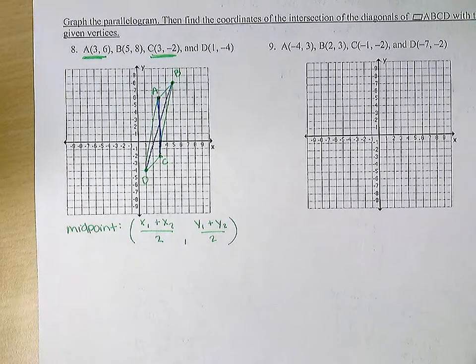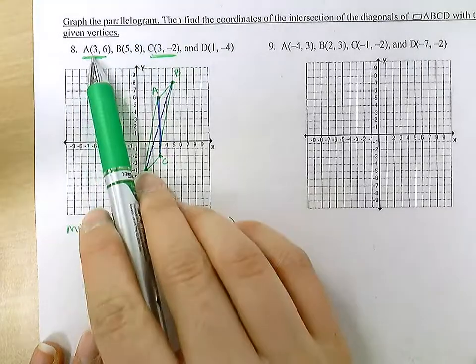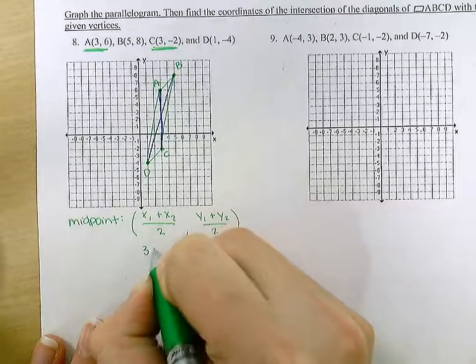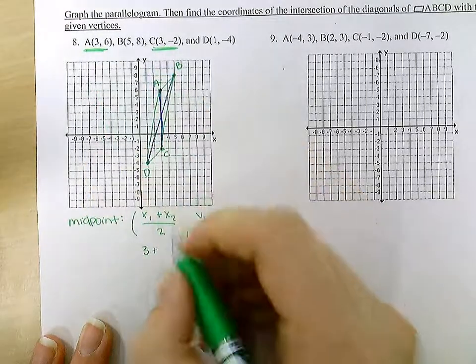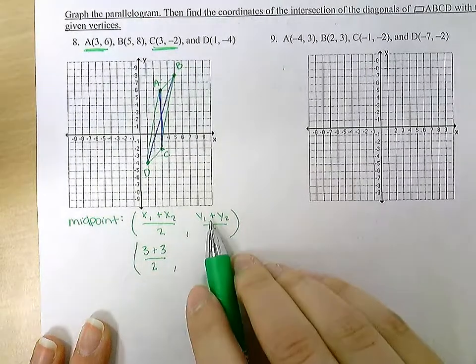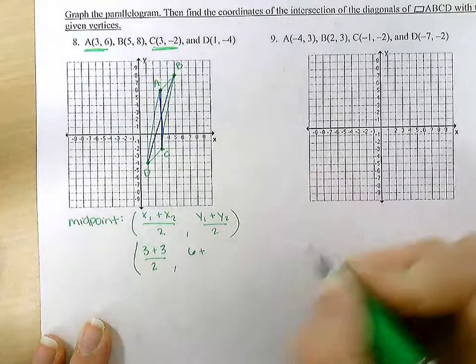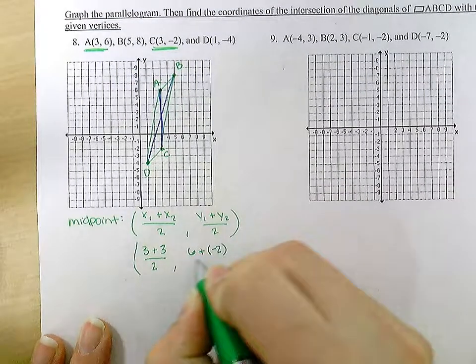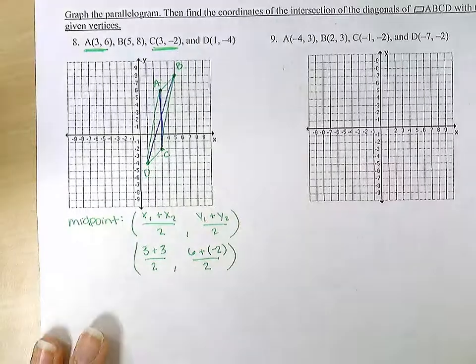We're going to use those opposite vertices in that formula. So x sub 1 is 3, x sub 2 is 3, over 2, y sub 1 is 6, y sub 2 is negative 2, over 2.